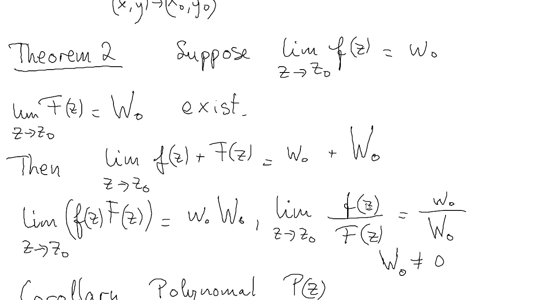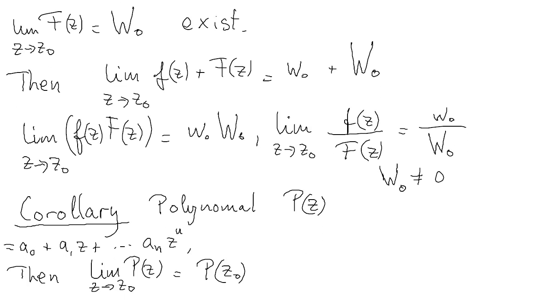And in the same way for a fraction, if you take this small f of z and divide it by the capital F of z, then this limit exists and it's equal to the limit of the first function divided by the second function. In this case, we have to assume that the limit of F of z, this capital W0, is different from 0. Otherwise, we get a 0 in the denominator, which is not very good.